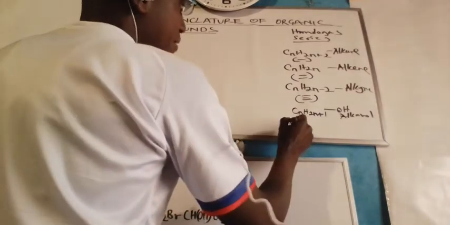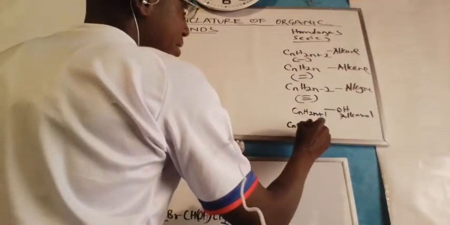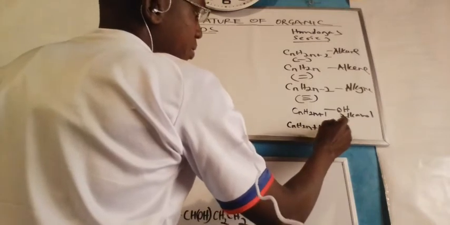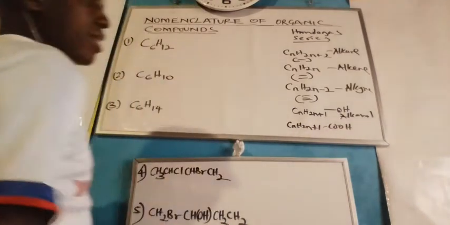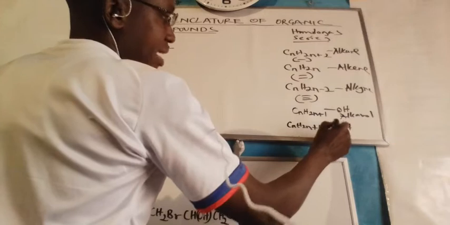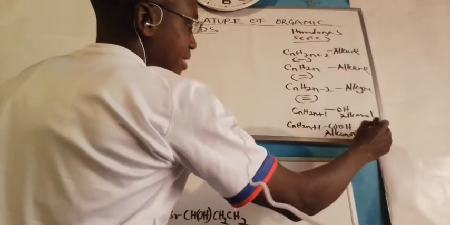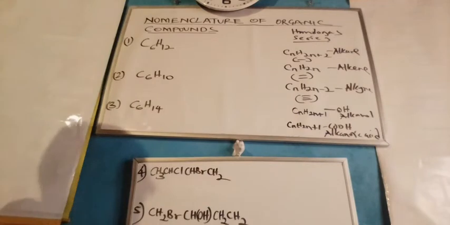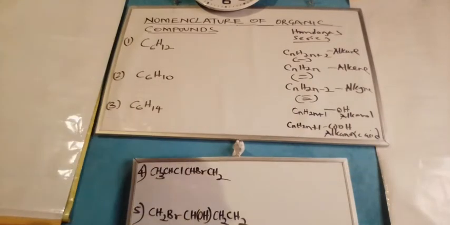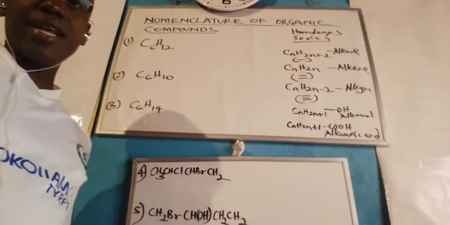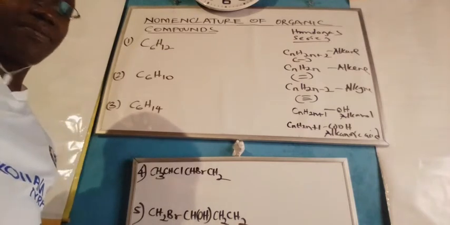And beyond this, we have CnH2n+1 joined to COOH. In this case, we have the carboxylic acids or the alkanoic acids, and we say that whenever you see that an organic compound has a carboxylic group, then it is an organic acid or a carboxylic acid.